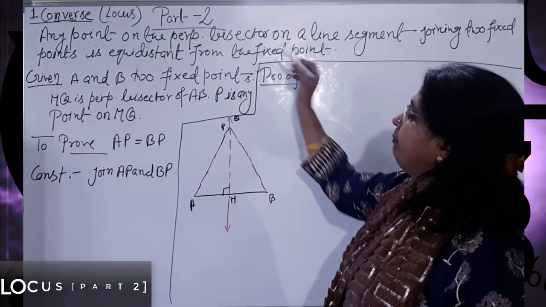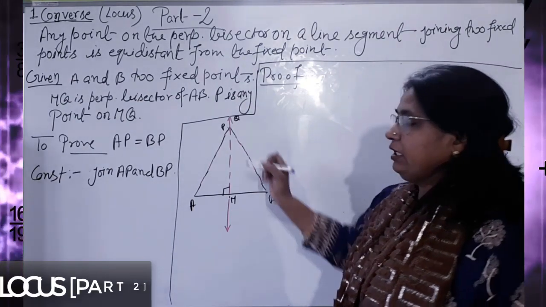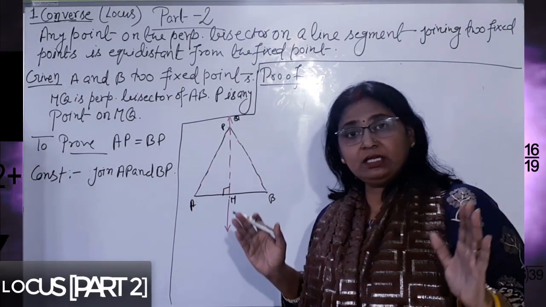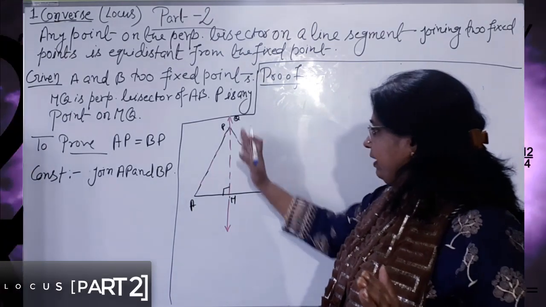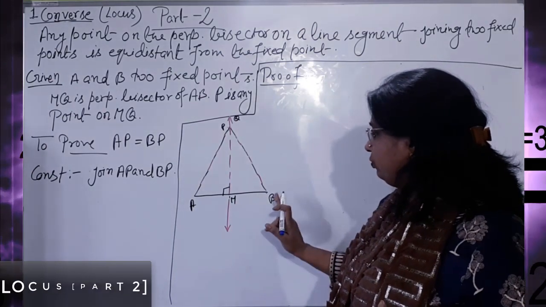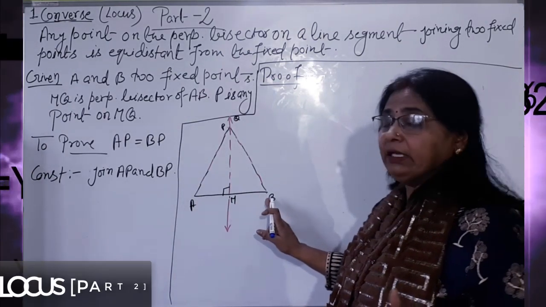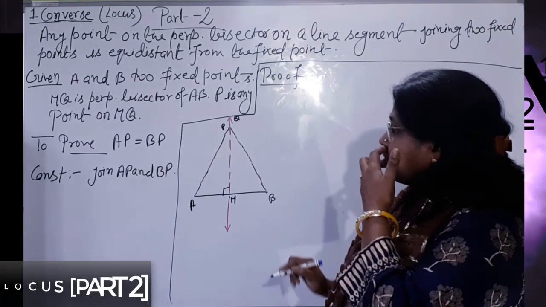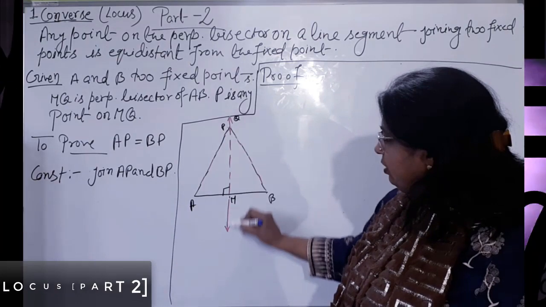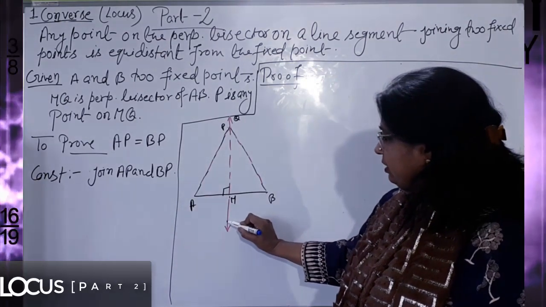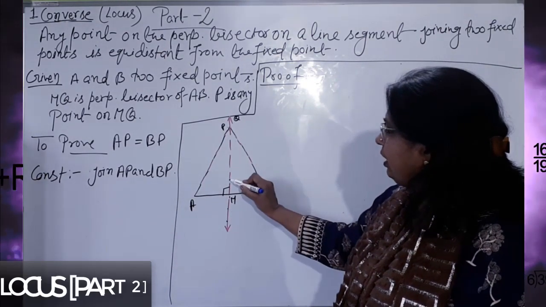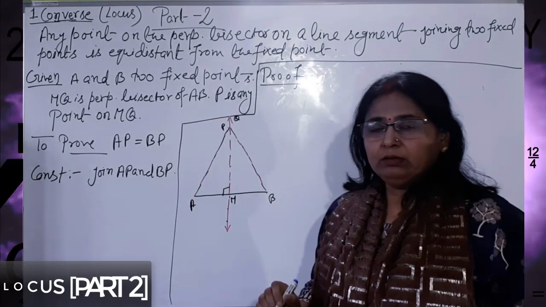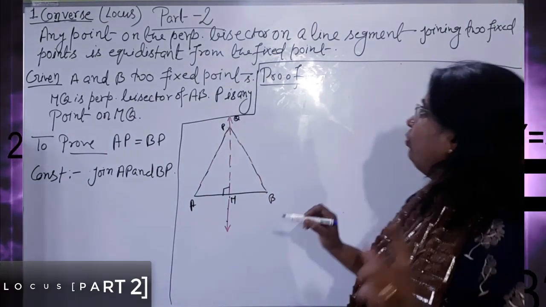Any point on the perpendicular bisector, that means the perpendicular bisector of the line joining two fixed points is given, and you suppose any one point on this perpendicular bisector, anywhere, random.